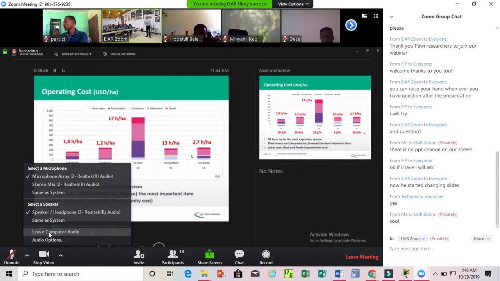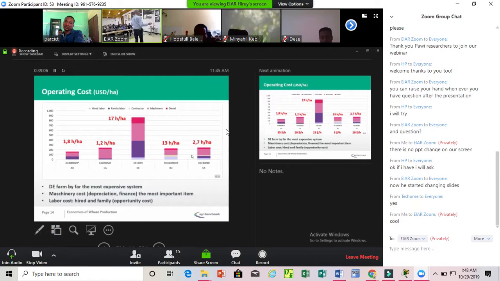Maybe I would even step further. If you look at this one, you basically have no hired labor. This has very little. So the key message from that slide is that family labor is the basis of farming in the industrialized world, except for those that are 99% based on hired labor.